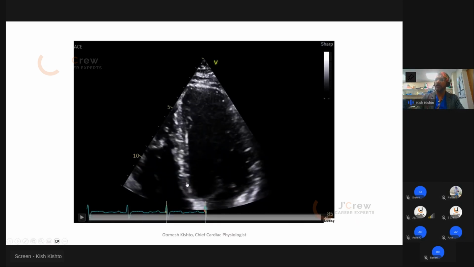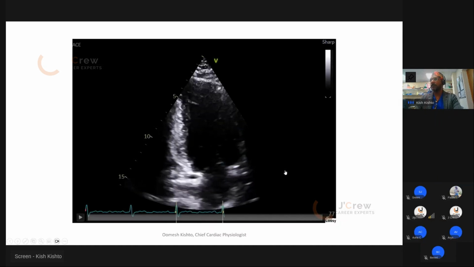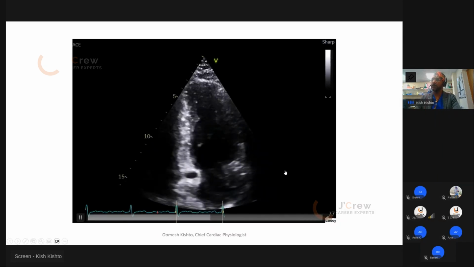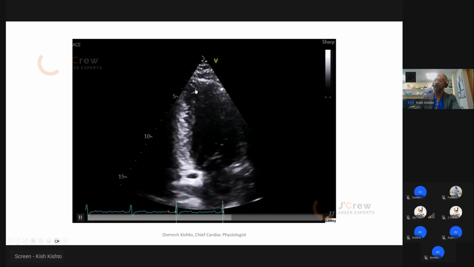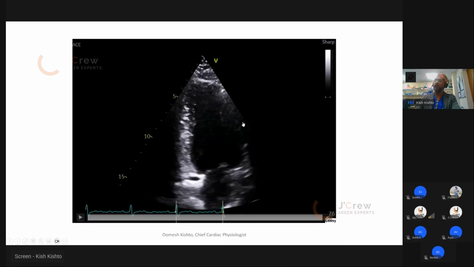So again here, inferoseptal wall, that's all your apical segment. So anterolateral wall there, okay? So that's your two-chamber view. Two-chamber view, you're looking again, make sure you got your apical, everything into your sector width there.